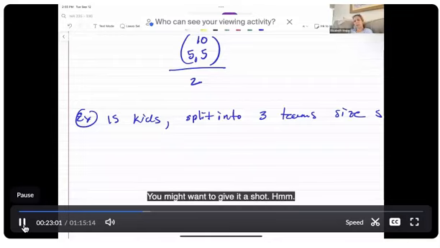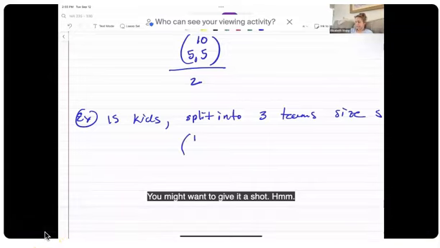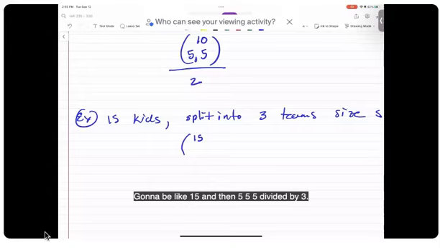Anybody else want to give it a shot? Would it be like 15 choose 5, 5, 5 divided by 3?